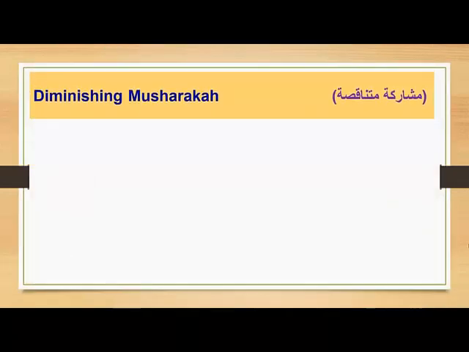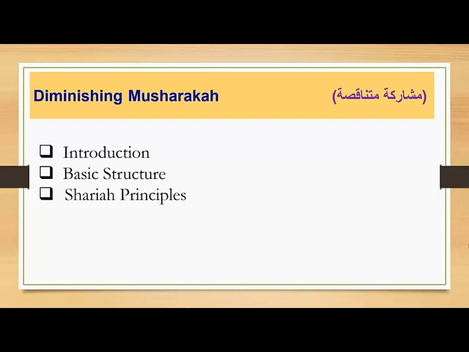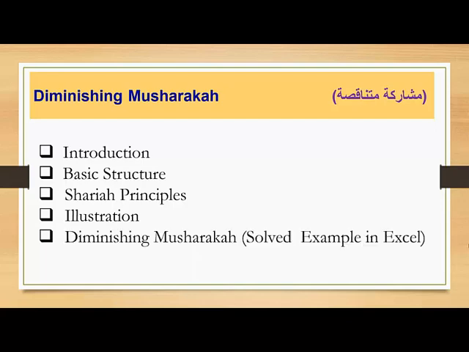I will cover its introduction, the basic structure of diminishing musharakah, the Sharia principles governing it, and one illustration example followed by a calculation in Microsoft Excel with the help of a numerical example.